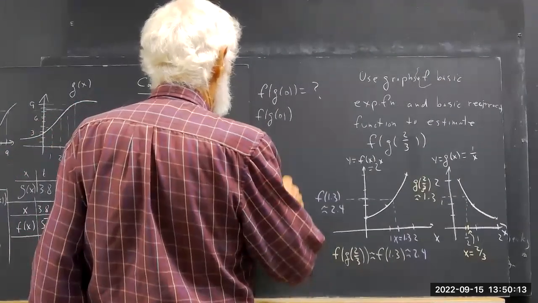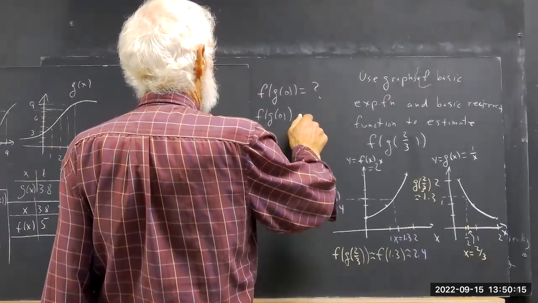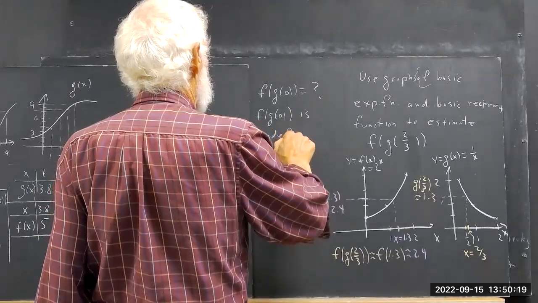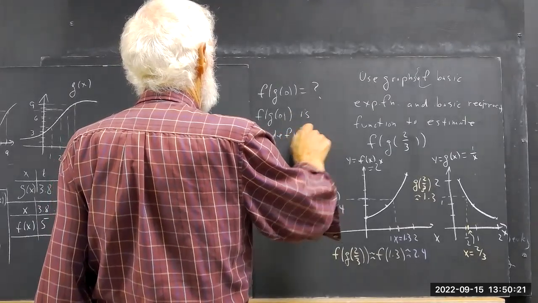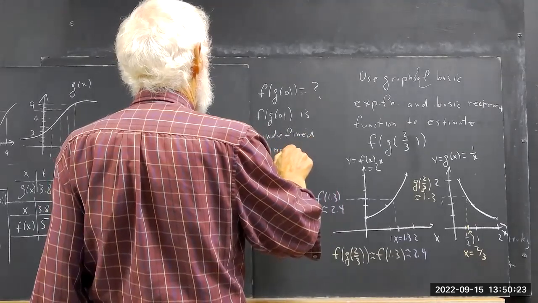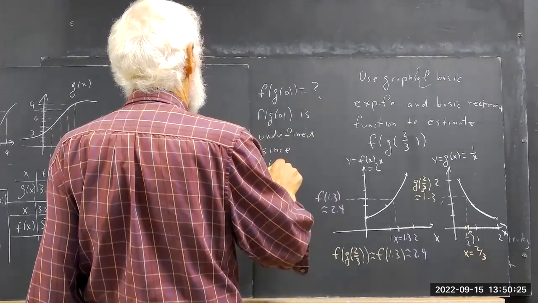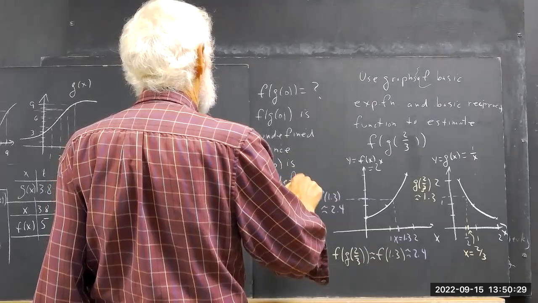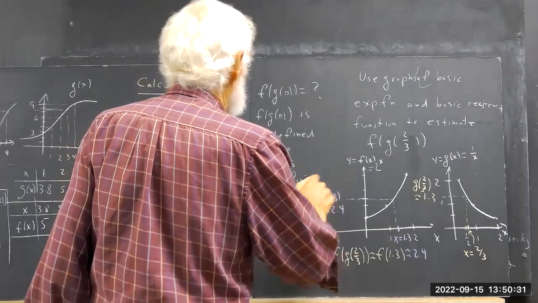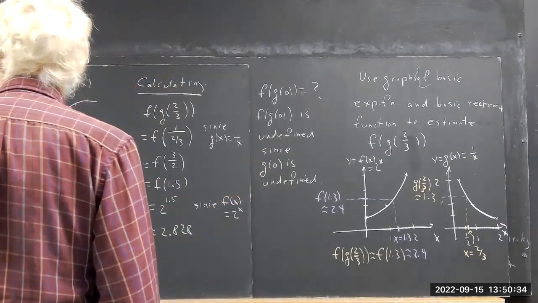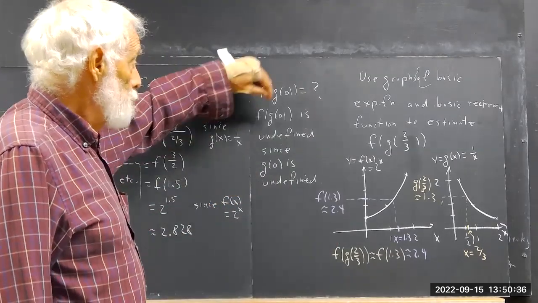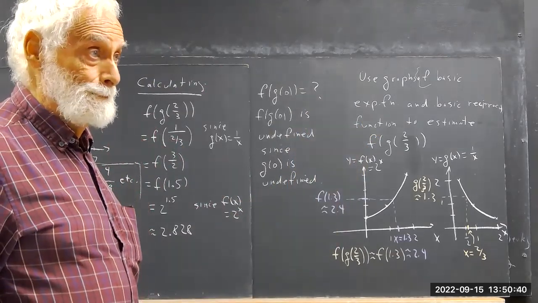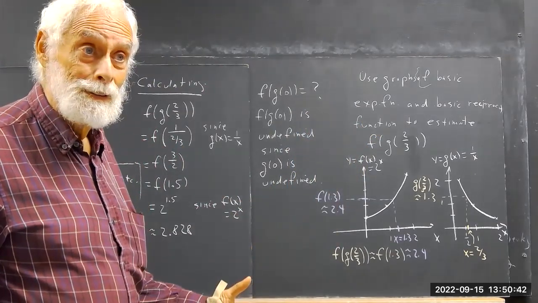So f of g of 0 is undefined since g of 0 is undefined. You can't evaluate f at an undefined number, a number that doesn't exist.